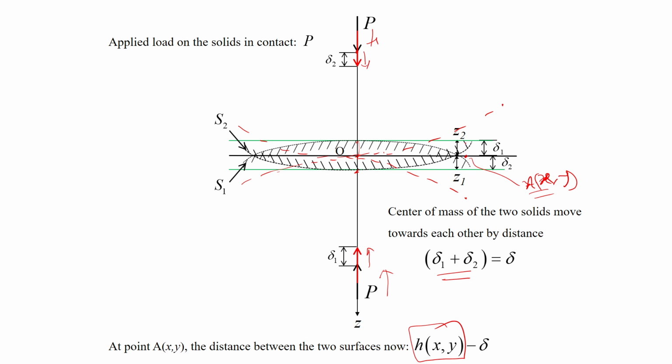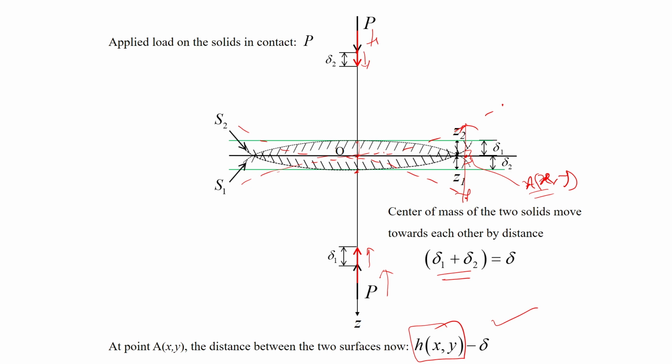Initially the gap was something like this, and now they have moved closer, so the gap has decreased. The gap is now h(x, y) minus (delta 1 plus delta 2), that is, delta over here.